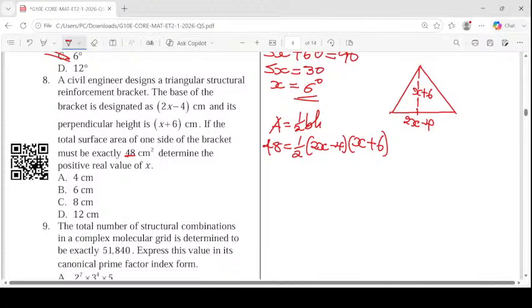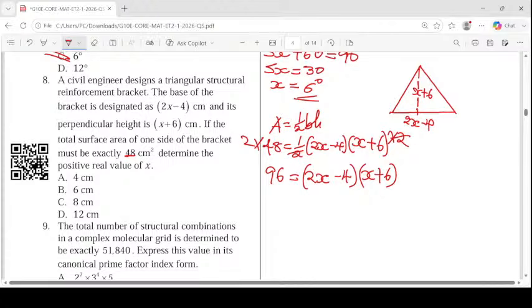I can decide to remove the half by multiplying the left hand side by 2, also the right by 2. So this and this will cancel. I'll have 96 is equal to 2x minus 4 times x plus 6. Let us deal with it.